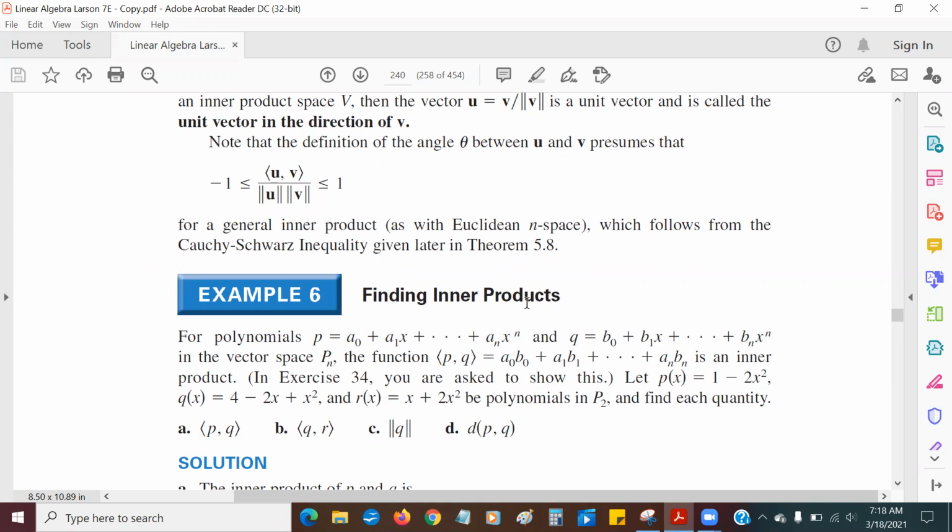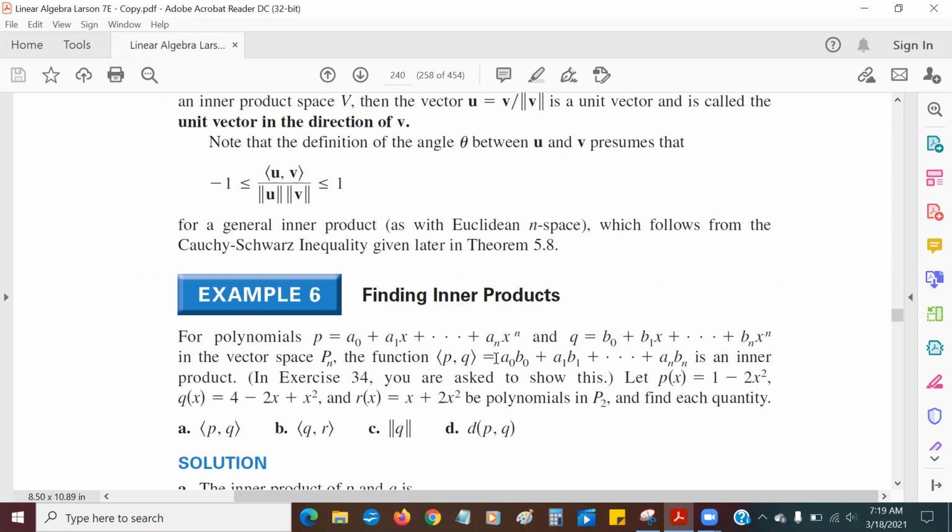Typical thing. And we're defining the inner product as follows: if I take p and q, the inner product is going to be a0 times b0 plus a1 times b1 plus a2 times b2 plus dot dot dot plus an times bn. And that's how we define the inner product.